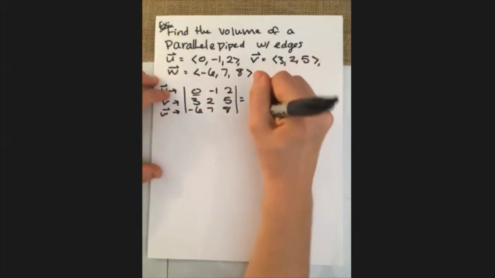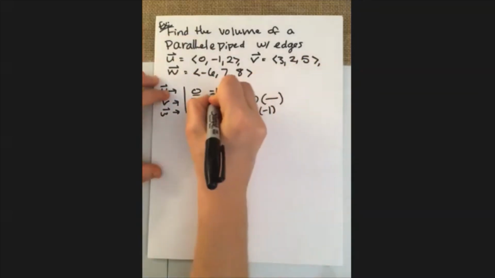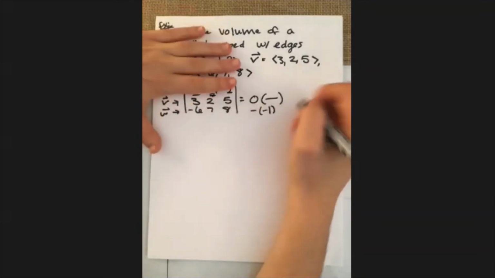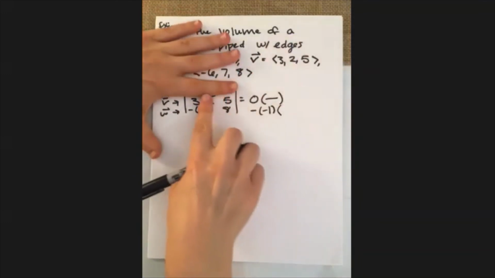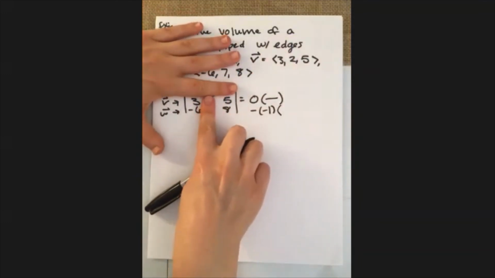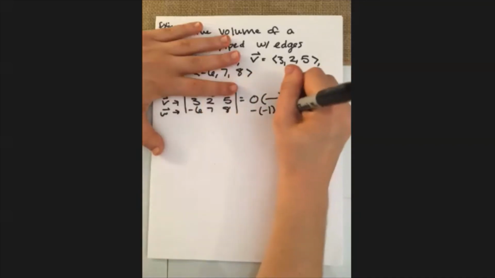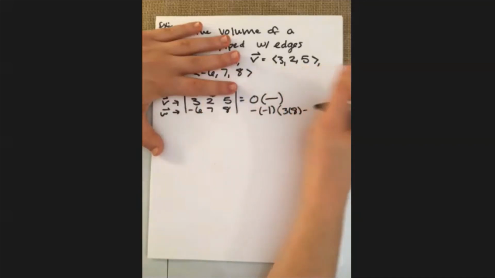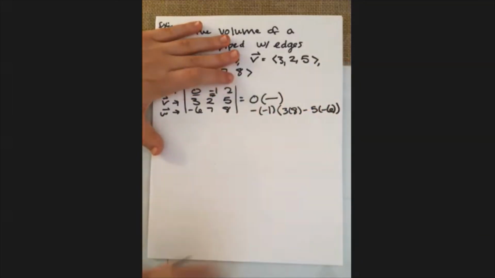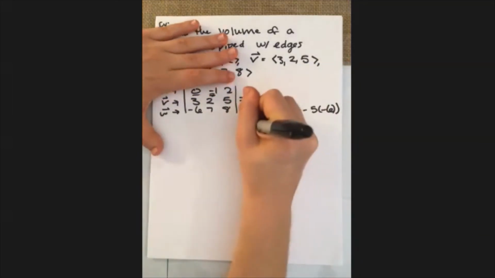And then the -1. And we want to look at the determinant of what's left behind when we cross out the row and column from that. So that's going to be the determinant of 3, 5, -6, 8. So we're going to have 3 times 8 for that first diagonal, minus 5 times -6 for that second diagonal, and then close the parentheses.